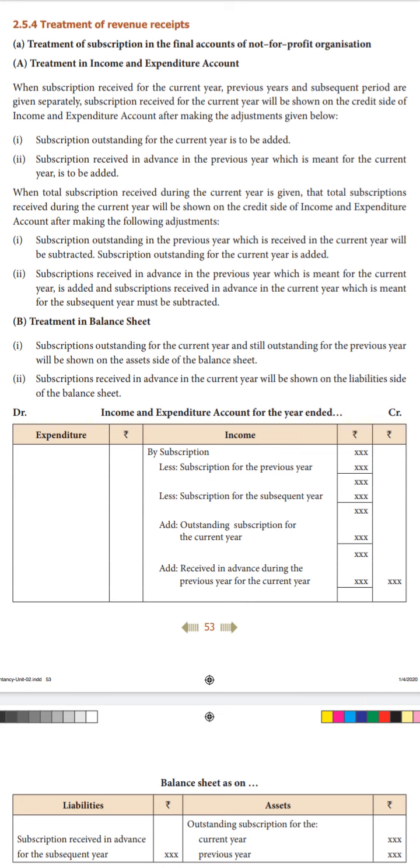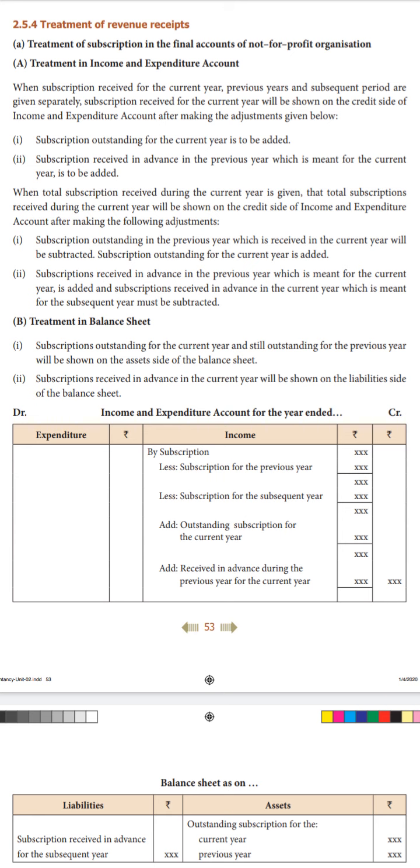For example, there was an outstanding amount of say rupees 1000 for the year 2019-20, but you have received that amount in 2020-21. In that case you have to subtract that rupees 1000 from the amount you have received as subscription. That is, subscription outstanding in the previous year but received in the current year should be subtracted.